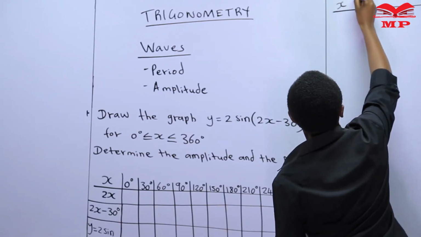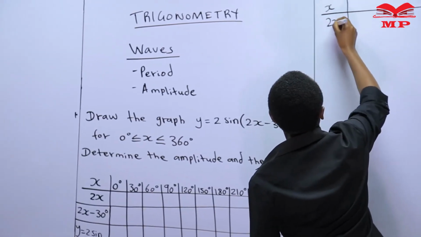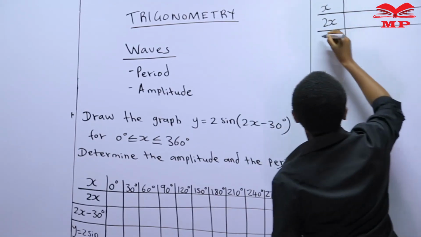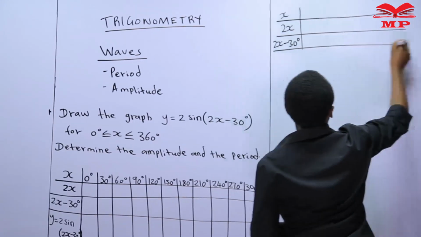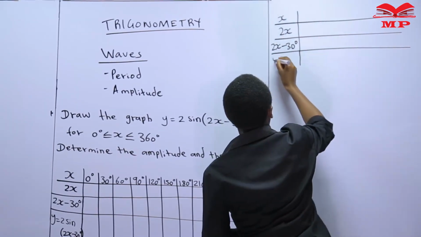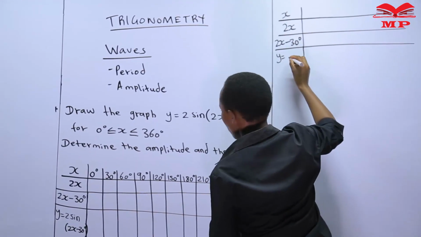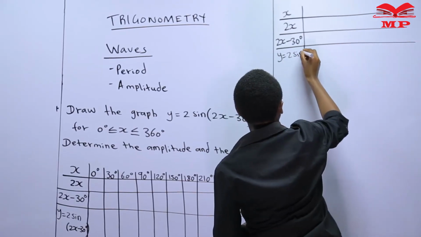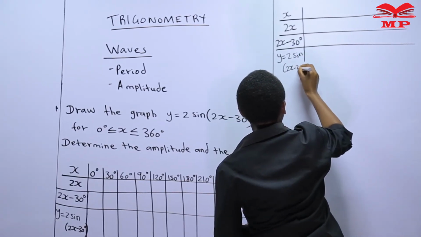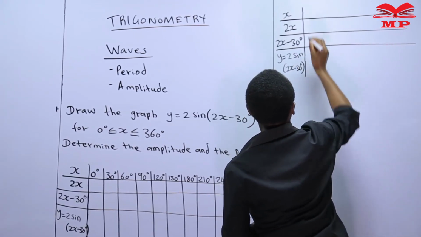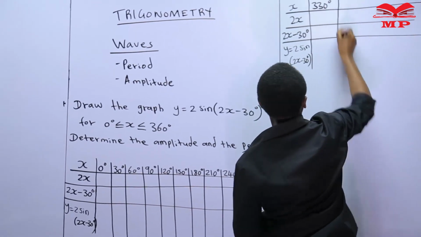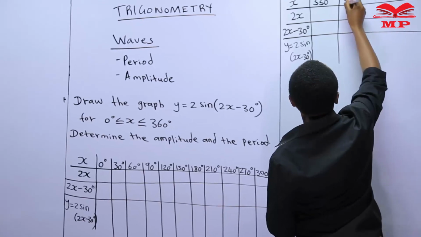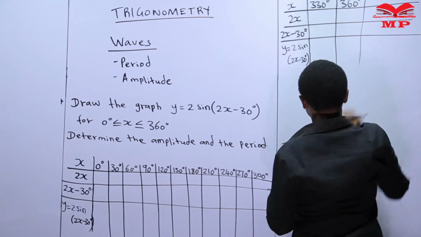Here we have the values of x, here we have 2x, here we have 2x minus 30 degrees, and finally we have y, which is 2 sine 2x minus 30 degrees.